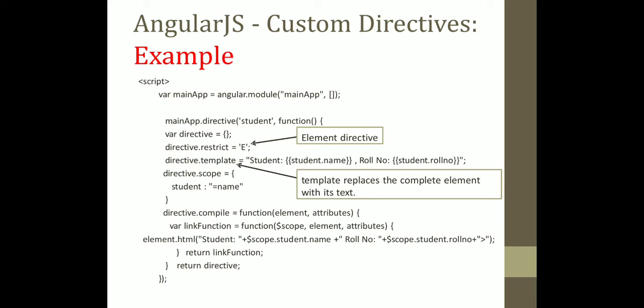number. So what the variable linkFunction will do is link each element with scope to get the element-specific data.